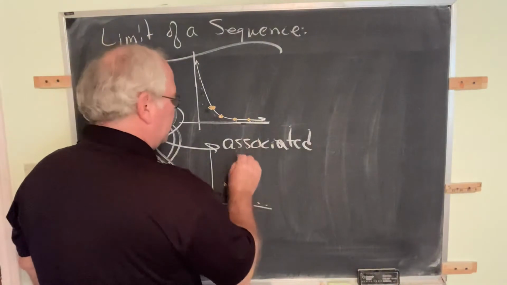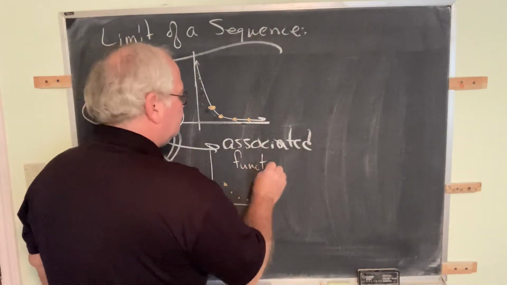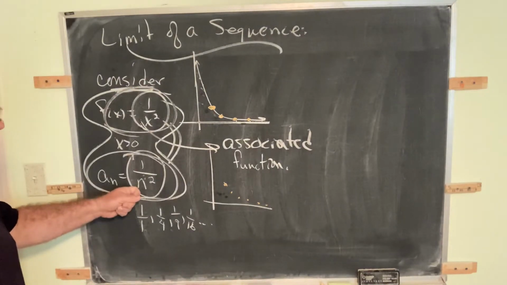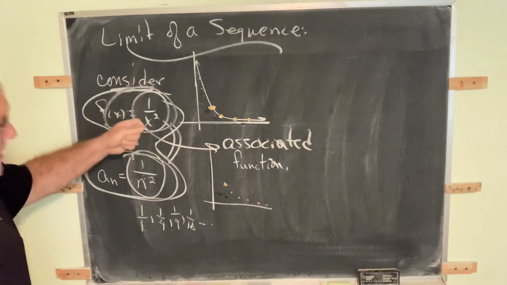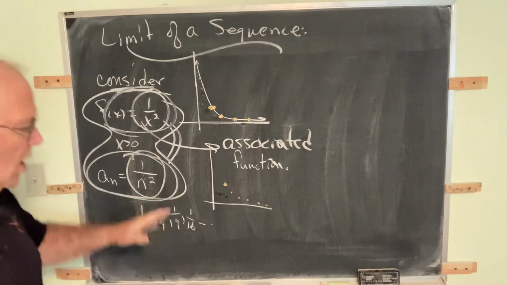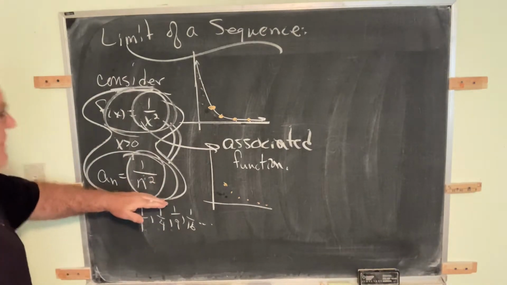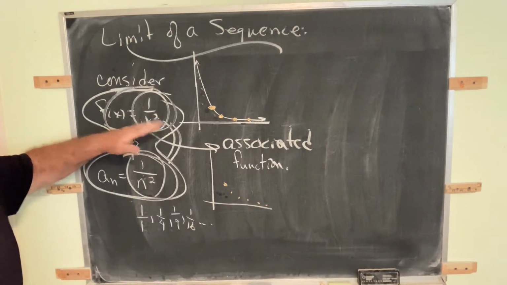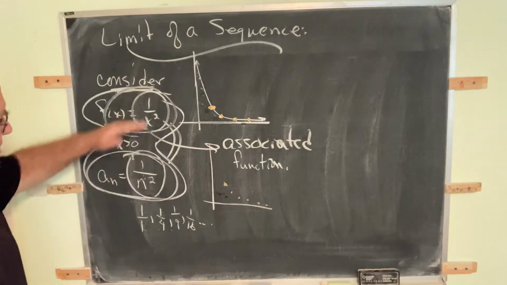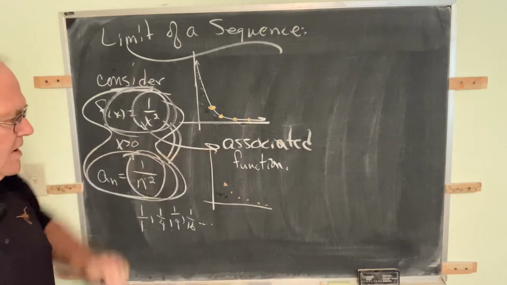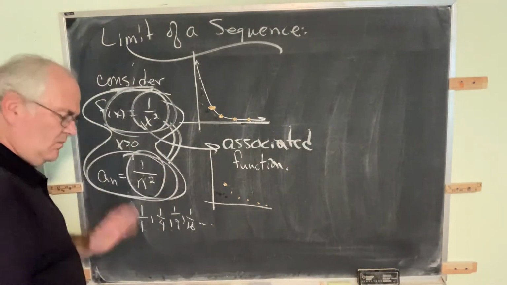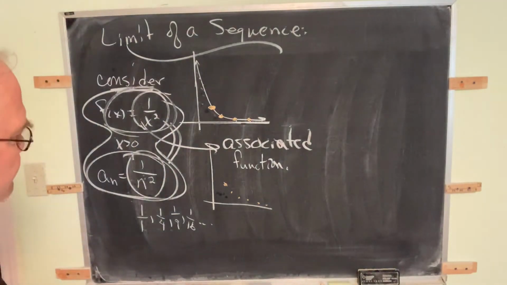I'm just going to call it the associated function. So if a sub n is 1 over n squared, then f of x is 1 over x squared is the associated function. Not all sequences have such an associated function. It's more subtle than that. But if such a function exists, then it's called the associated function. And it turns out that there are properties they share. And we'll talk about some of those things in just a bit.